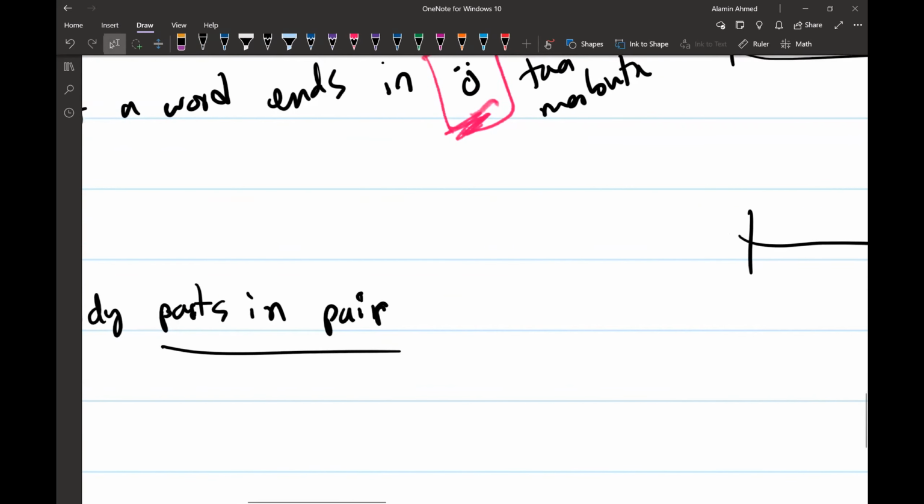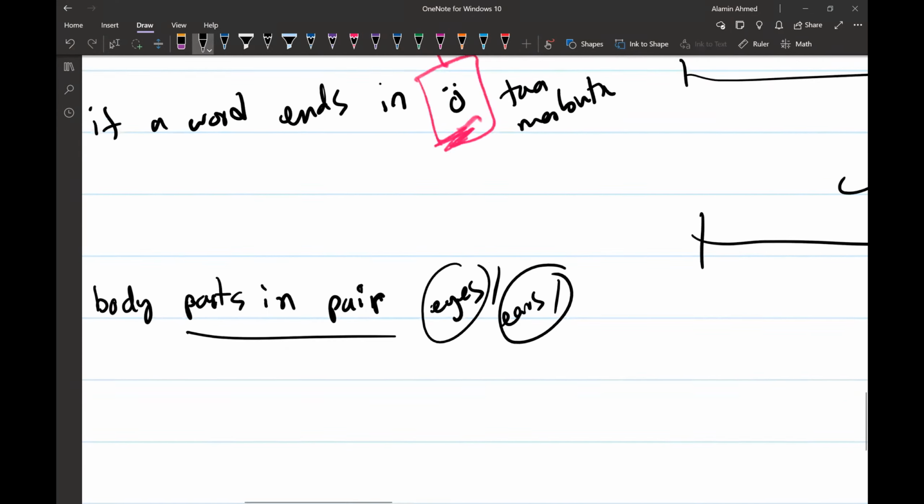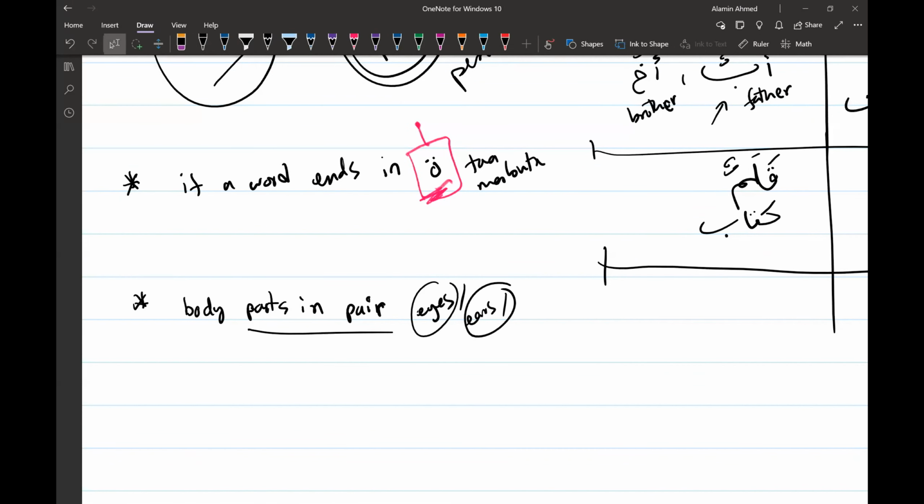For example, we have eyes, two eyes, and ears. Eyes and ears, we have them in pair. By the way, subhanallah, may He protect us all, the concept is not whether you have them two or not. Some might have only one eye. That's not the concept. The concept is whether humans have them in pair or not.